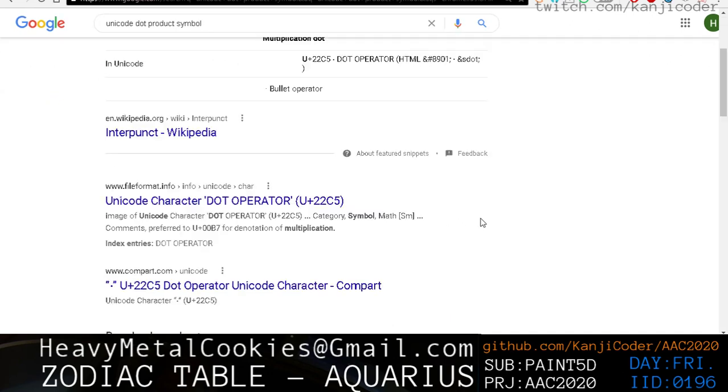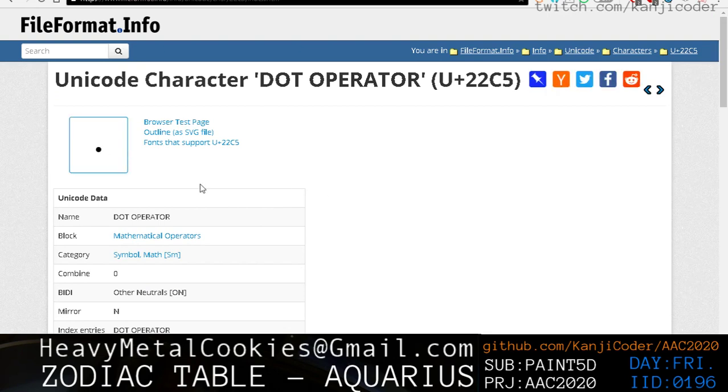In Unicode, so this is the dot product operator. Okay, so I'm making some notes here.